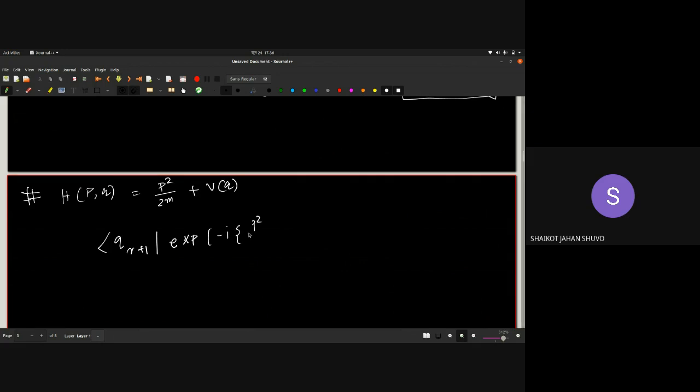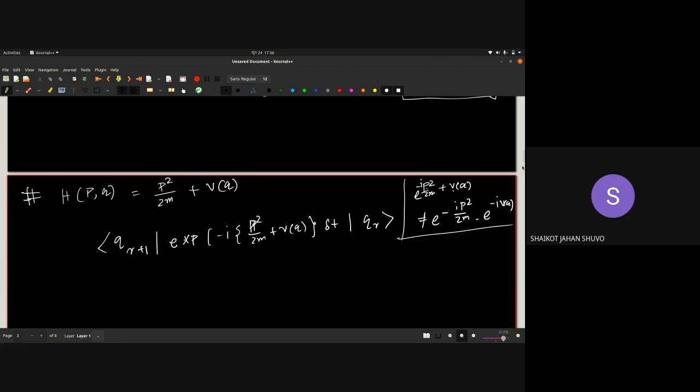You might be tempted to write e to the power negative i times p squared by 2m plus V of q times delta t as e to the power negative i p squared by 2m times e to the power negative i V of q. You may want to write this, but you cannot do that because p and V are operators.